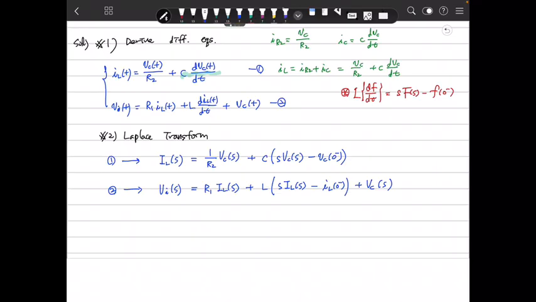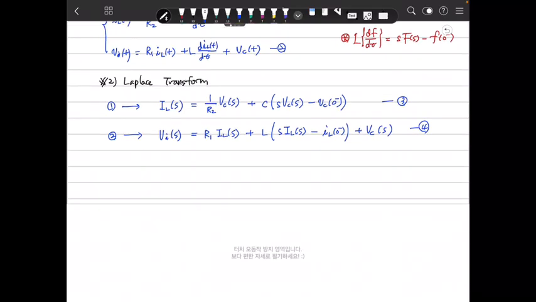So actually we don't know the values of IL and IC in the Laplace domain, but anyway we got this. We define this as equation 3 and this as equation 4. Then we can do that.